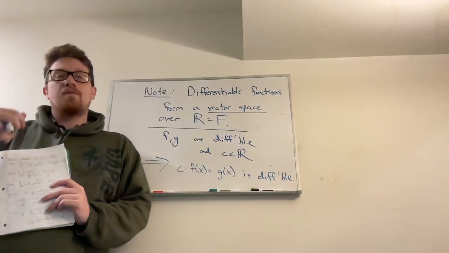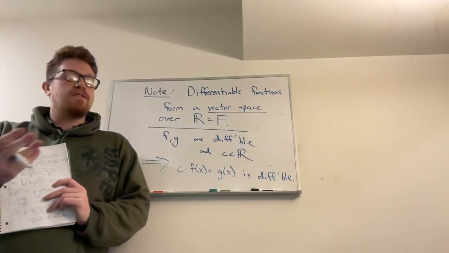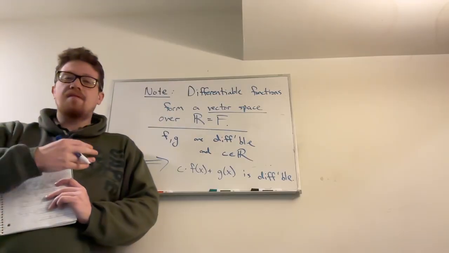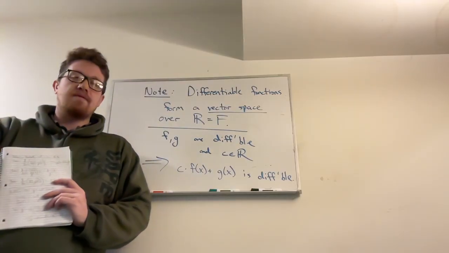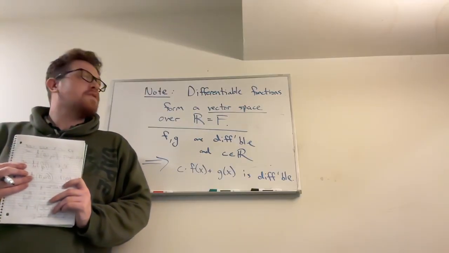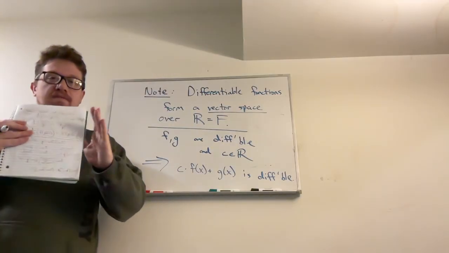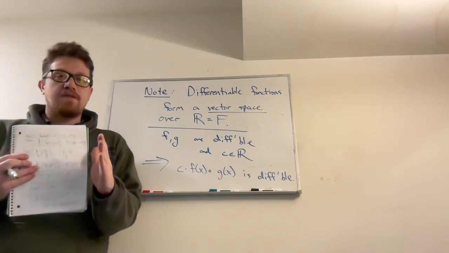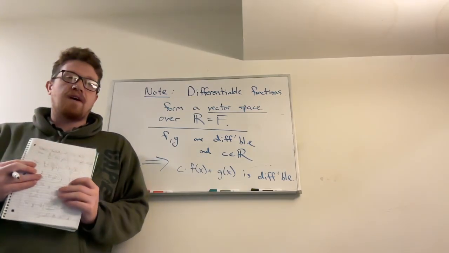In fact, we'll show later once we get into Taylor series, maybe this will be a much later video, that any Taylor series is also infinitely differentiable, and there's uncountably many different Taylor series you can come up with. So this vector space is very large, right? Usually we like to deal with finite dimensional vector spaces. They're somehow easier to understand. They have a finite basis.